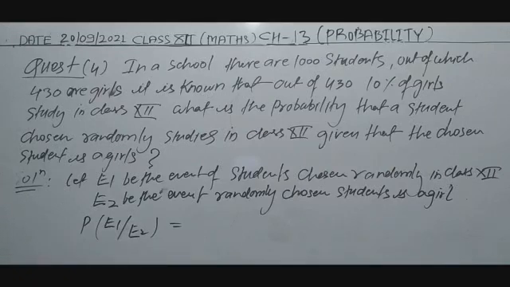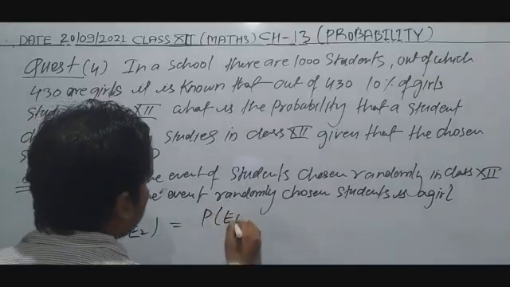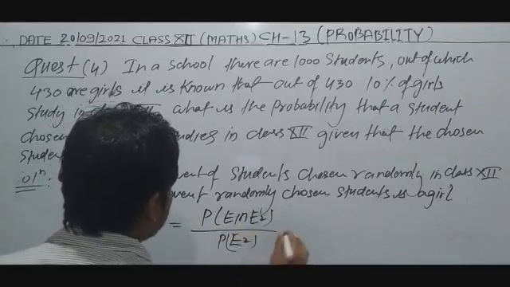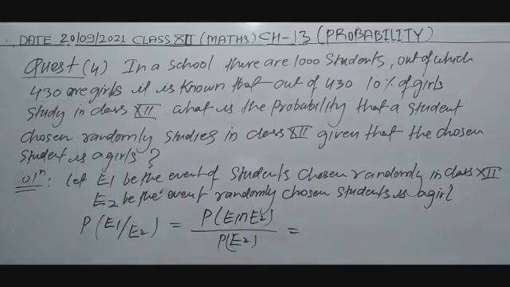Now this formula we can write: probability of E1 intersection E2 whole upon probability of E2. Now probability of E1 intersection E2, what can we get as the result? In this question, this is clear.